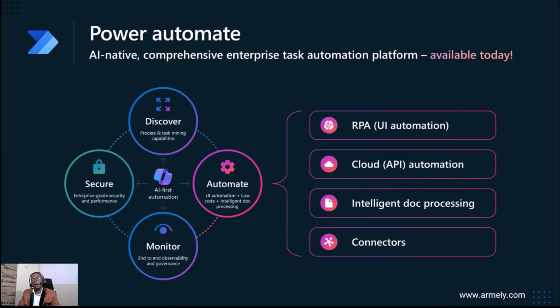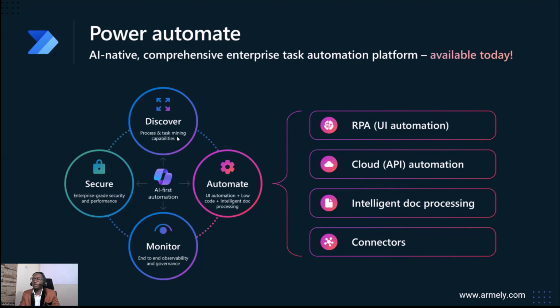We say Power Automate is an AI native, comprehensive enterprise task automation platform. It has four key areas. The first one is Discover, which is process and task mining, where you can discover in your business processes what you can automate.